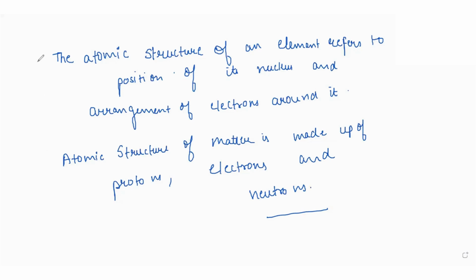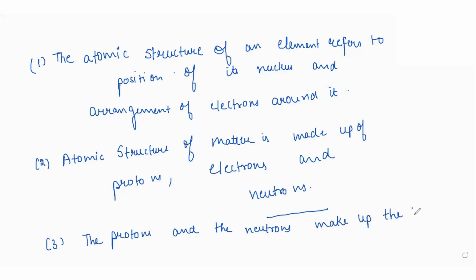So this is point 1, this is point 2, and number 3 is that the protons and the neutrons make up the nucleus of an atom. So the nucleus is made up of protons and neutrons.